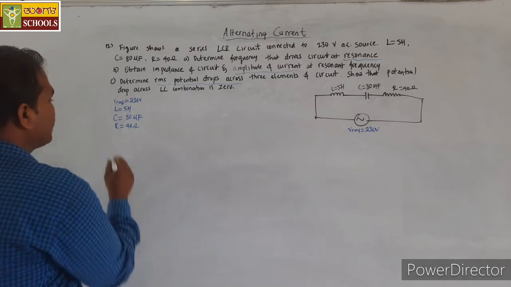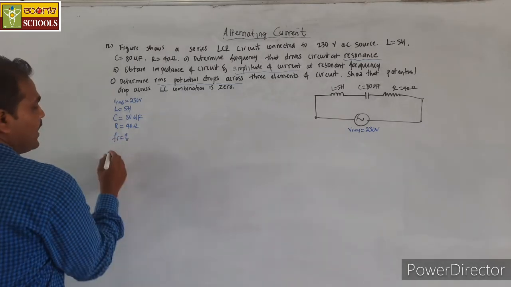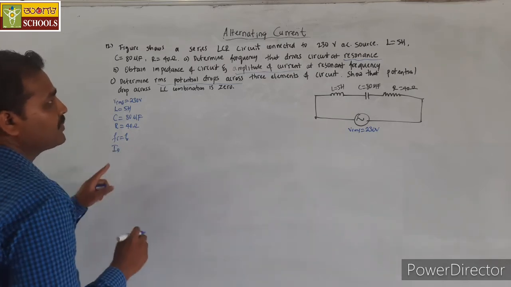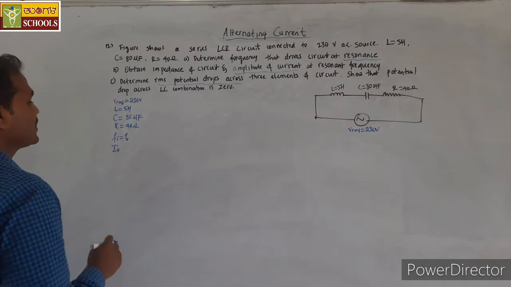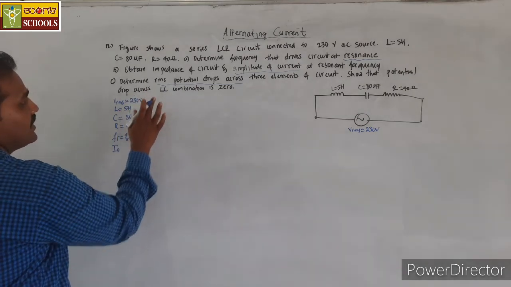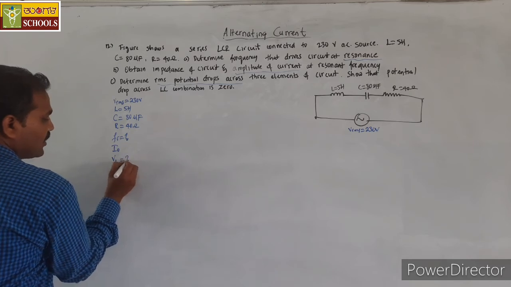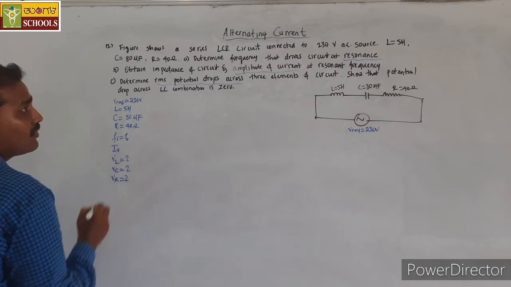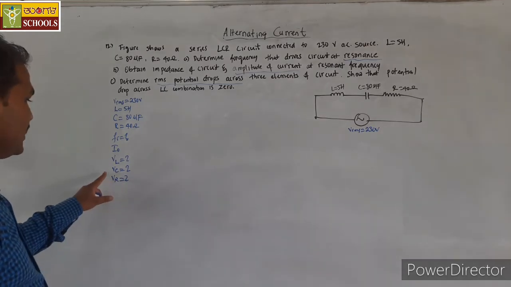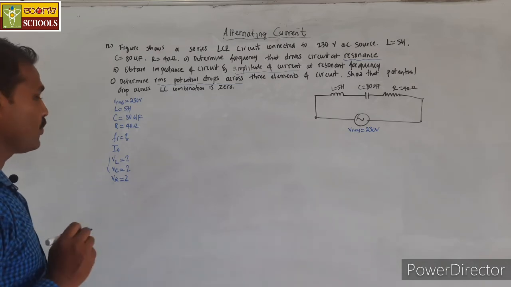We have to find the value of the resonance frequency FR, and we have to find the value of the peak current, that is I0, at this resonant frequency. Then the RMS potential drops, that is VL, VC and VR, I have to find out, and we have to show that the vector sum of VL and VC is equal to 0.